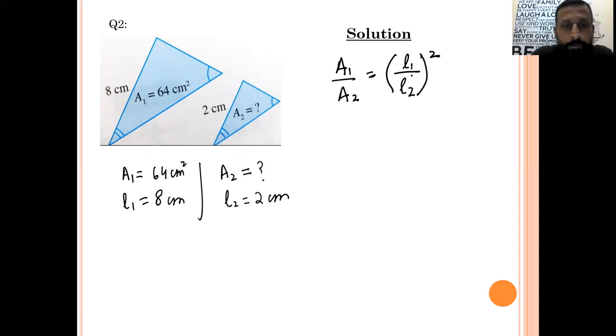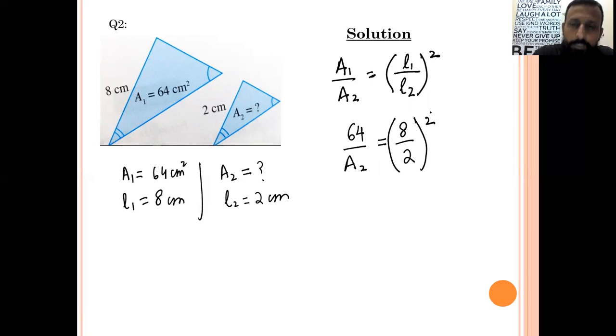Now, boys and girls, you're going to plug in these values which are given to you in the question. A1 is 64, A2 is unknown, is equal to L1 is 8 and L2 is 2, and there is whole square on it.